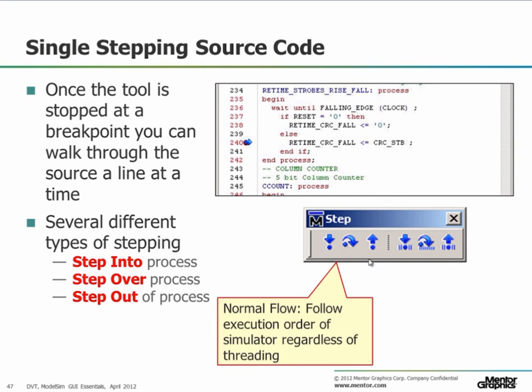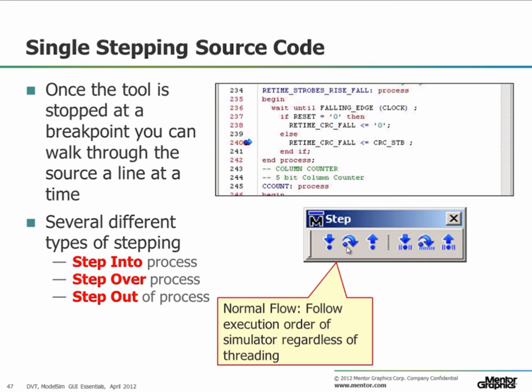One step will step along and just follow the execution of the code regardless of the thread. And my steps are step into, which is step along. If I hit a function call, step into that function, step through there, come back out.